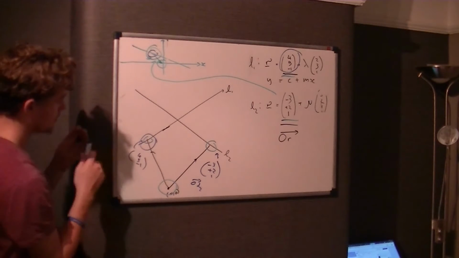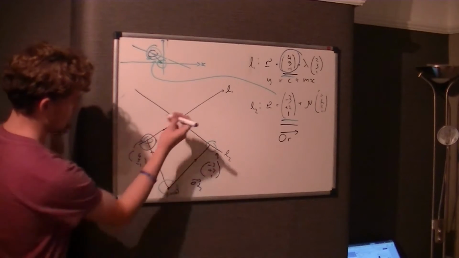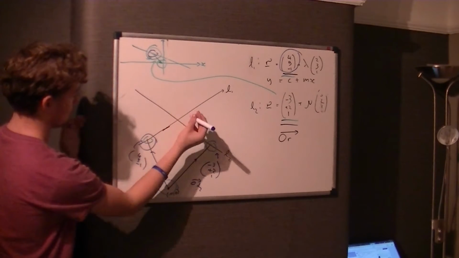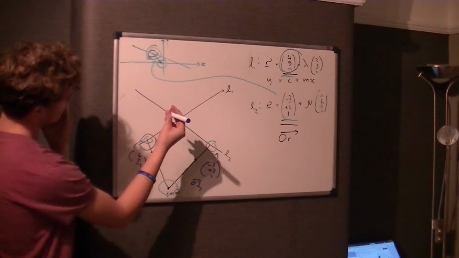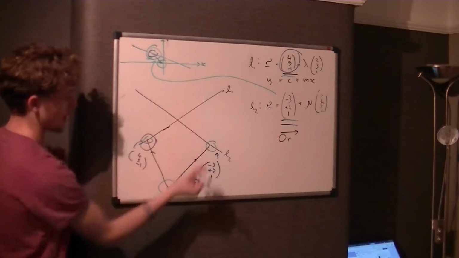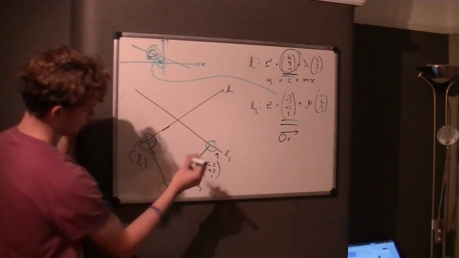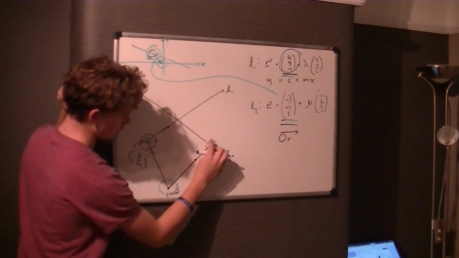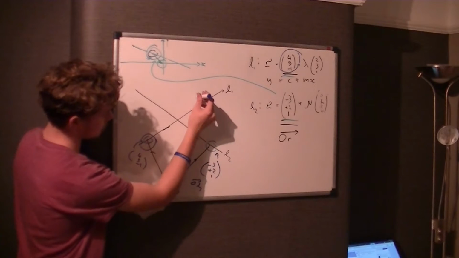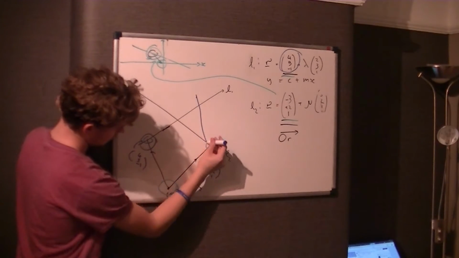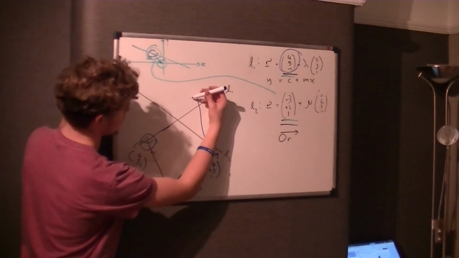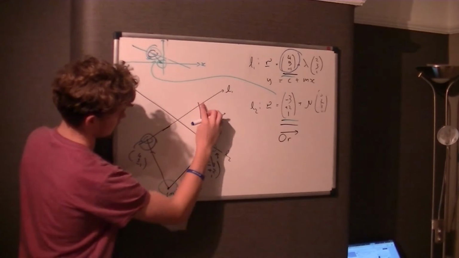But what we can sort of assume is that we have this y-axis somewhere on here. So we could almost say that for L2, we could almost have this as being... Oh no, actually that's not going to work.